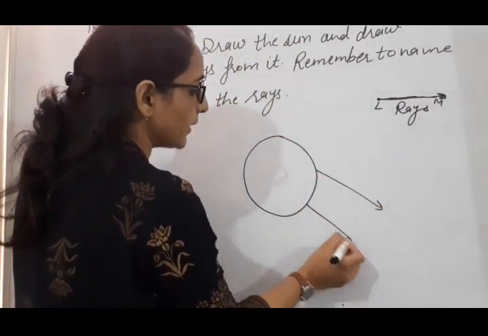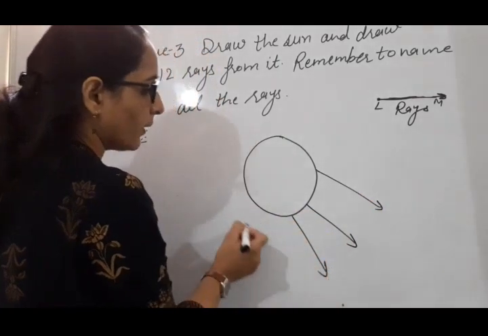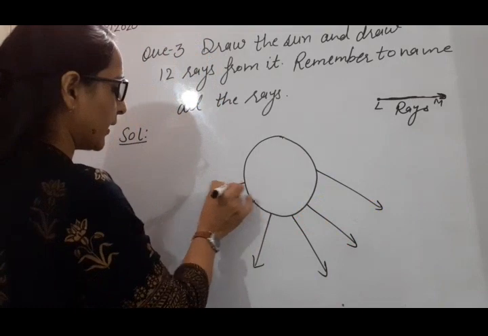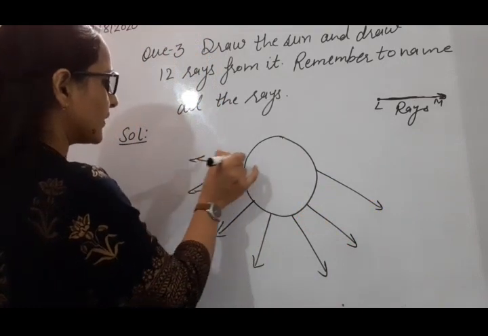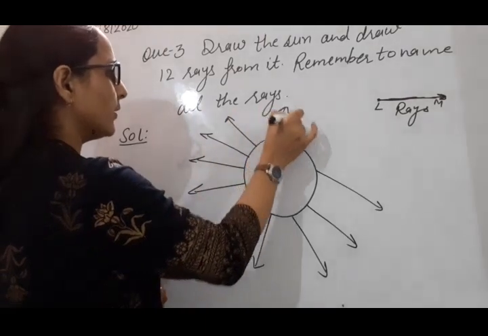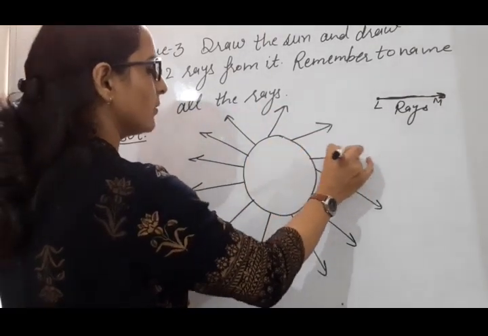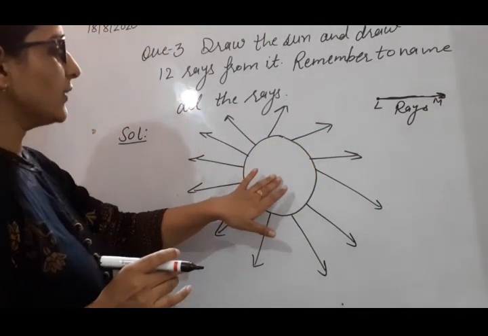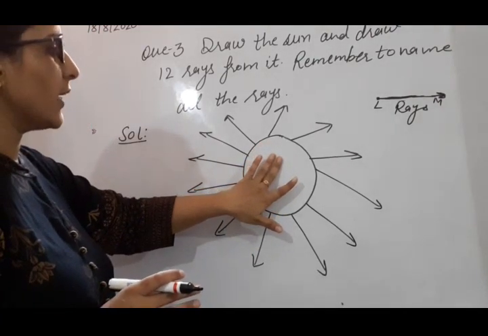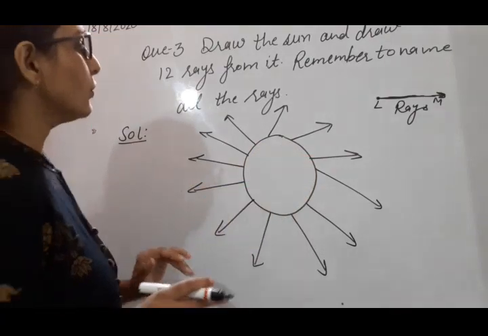From the sun there are many rays: 1, 2, 3, 4, 5, 6, 7, 8, 9, 10, 11 and 12. Clear? You make this figure, you can use your scale, okay, and then you draw it.